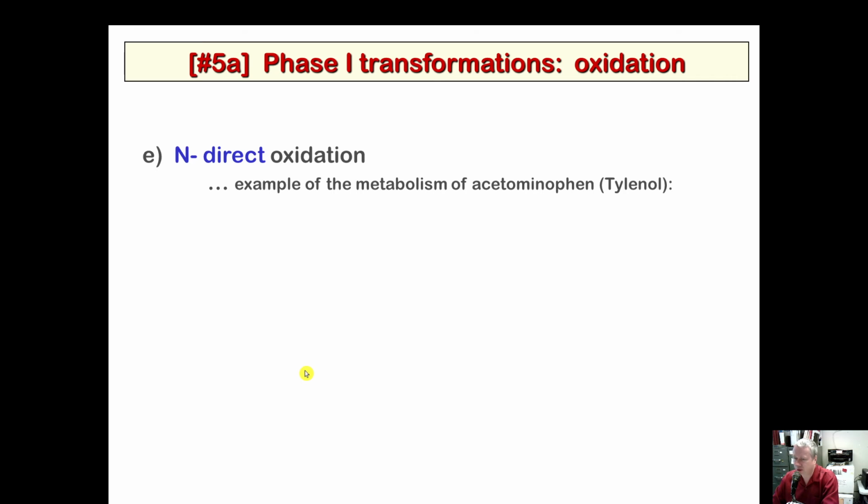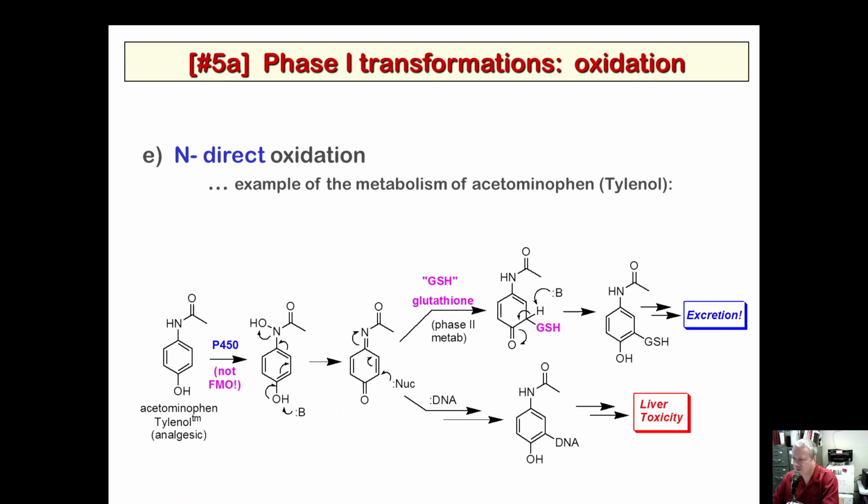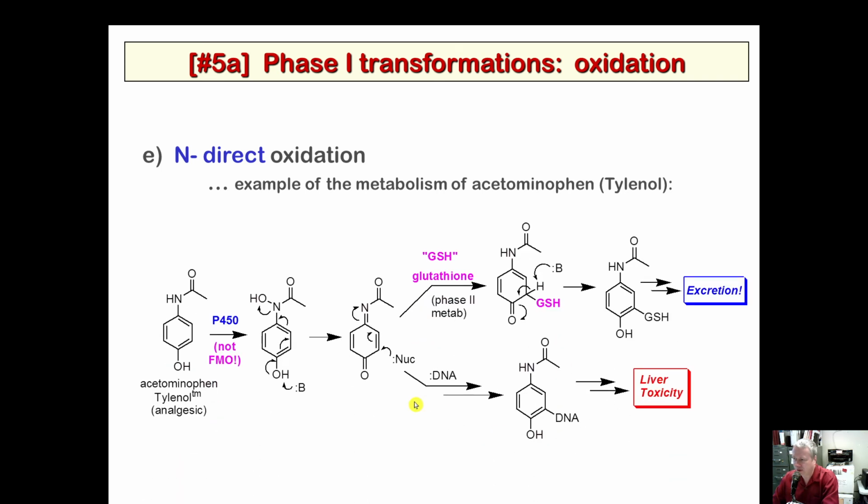So let's show the metabolism of acetaminophen or Tylenol. All right, so what happens is this is Tylenol. It's got an aniline with an amide on it. It's got an OH. So the speculated metabolism is P450 does a direct oxidation of the nitrogen, not FMO.